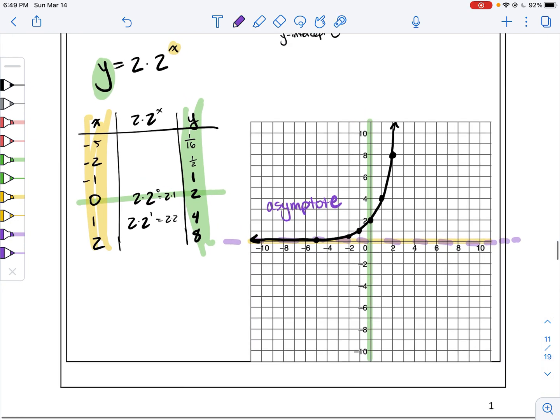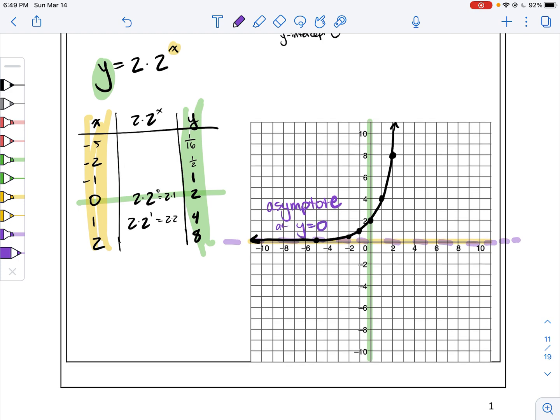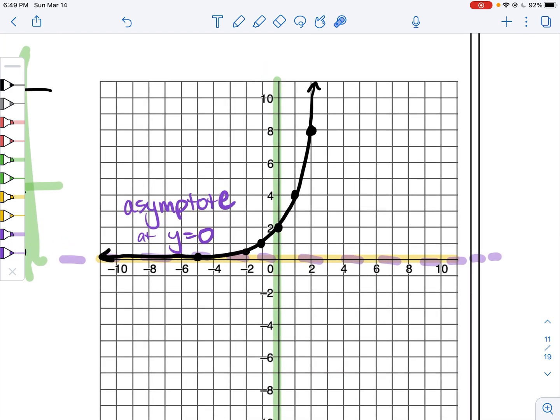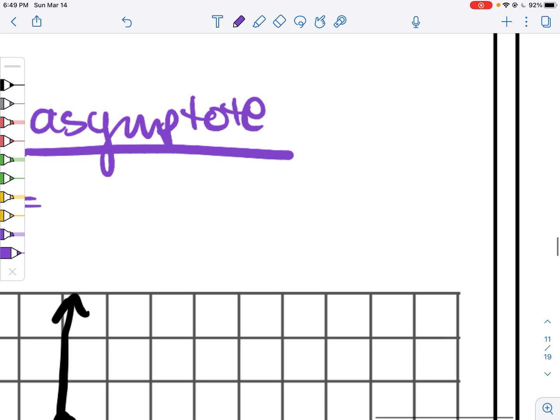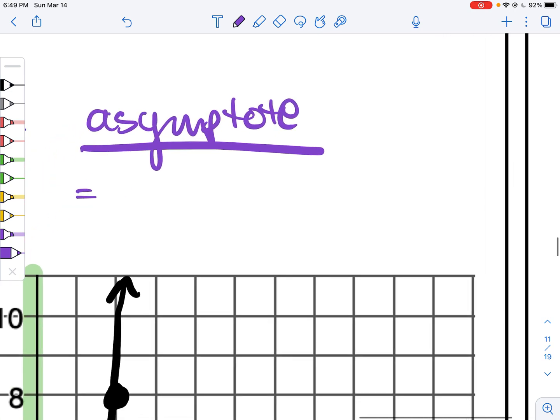We'll say it has an asymptote at y equals 0, because that's a horizontal line, y equals 0. And we'll say that this graph approaches, because it gets really close to, an asymptote at y equals 0. Here an asymptote is a line that you get close to but never touch.